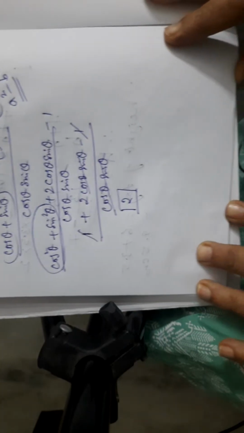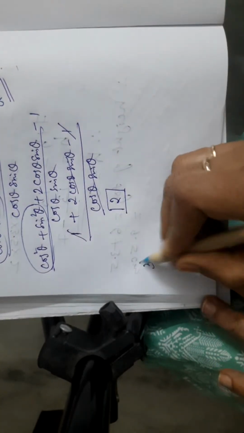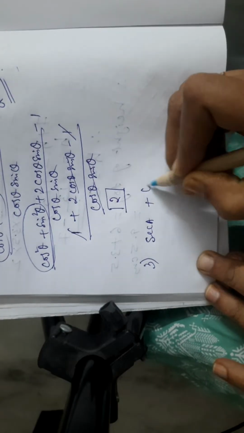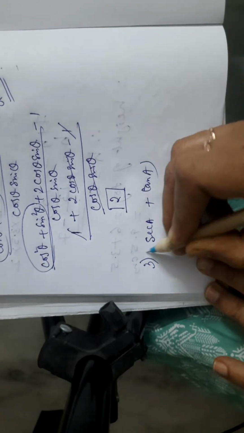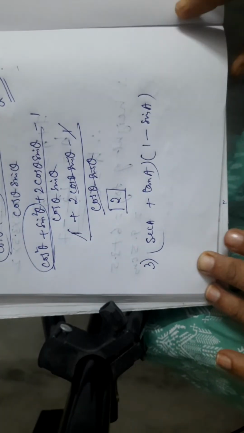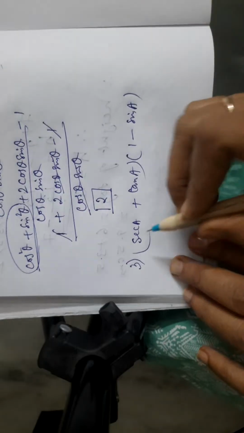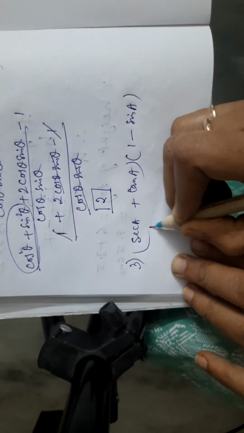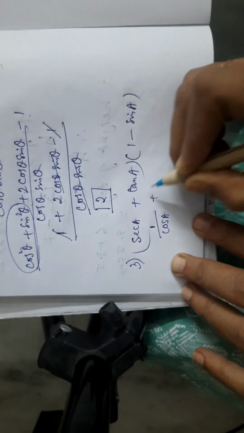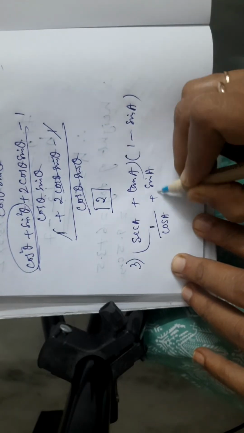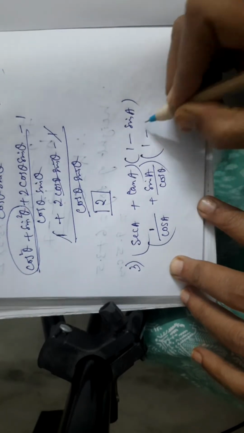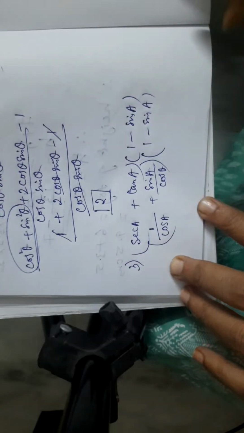अब इसके बाद नेक्स्ट क्वेश्चन है थर्ड वन, sec a plus tan a upon 1 minus sin a. सो फिर से अगर इसको रिप्लेस करें, sec is reciprocal of cos, सो ये हो गया 1 by cos plus sin a by cos a. अब ये जो है टर्म नेक्स्ट वैसे का वैसे ही रख दिया हमने.